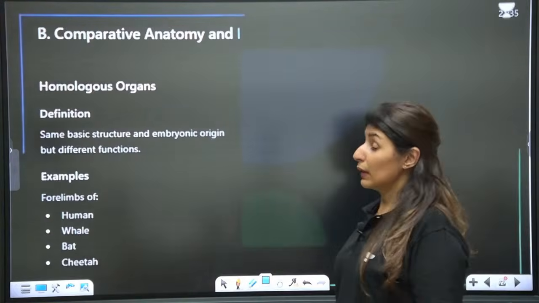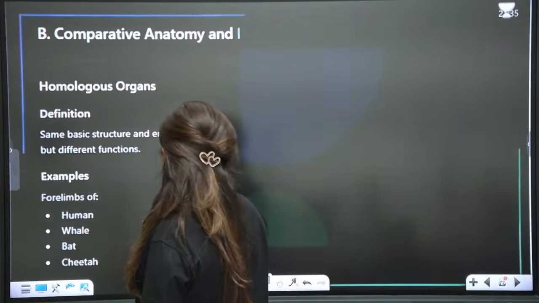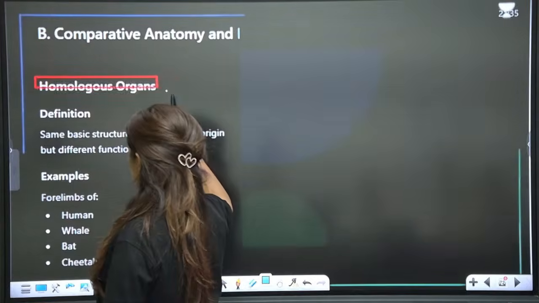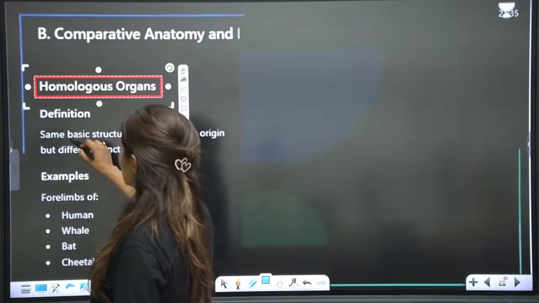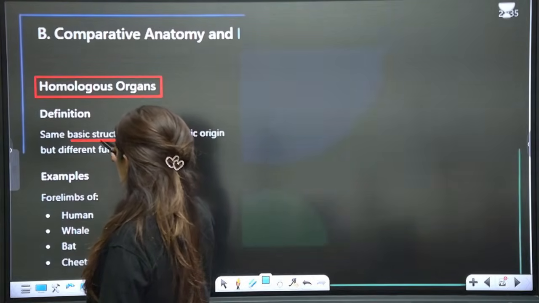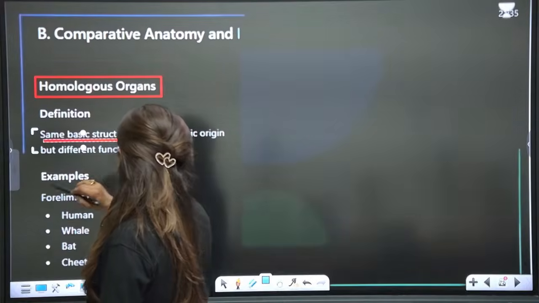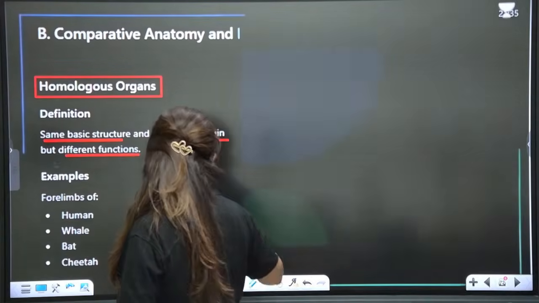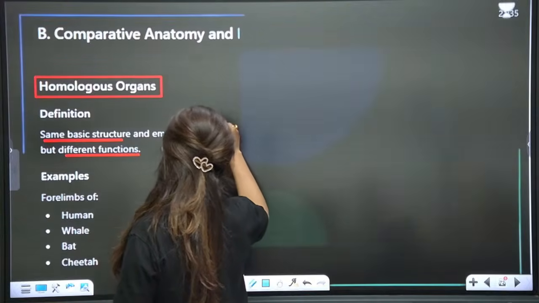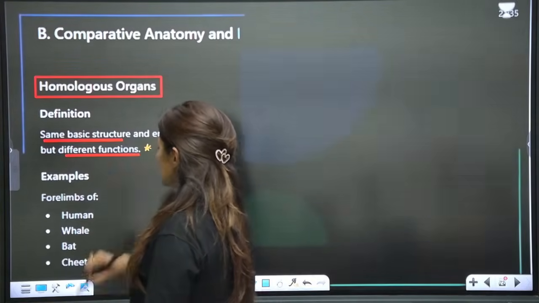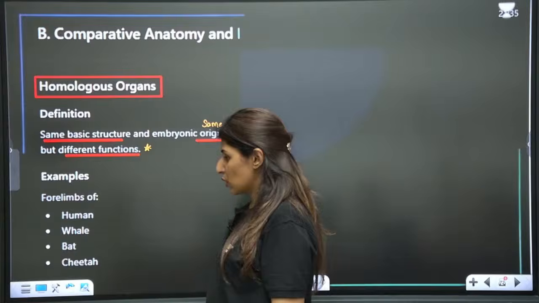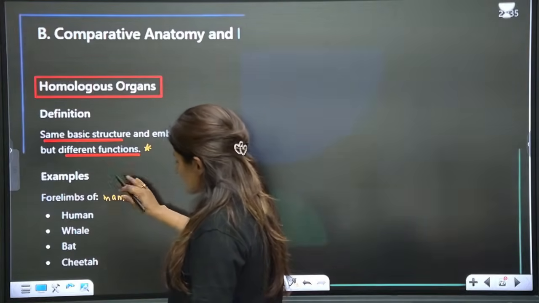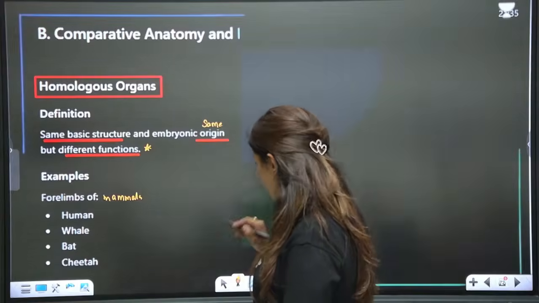Is that clear? Now, talking about comparative anatomy and morphological evidence, starting with homologous organs. In homologous organs, the basic structure is the same, so the origin is the same, but the function is different. Is that clear? For example, forelimbs of mammals. They have similar bones in all of them, but perform different functions.